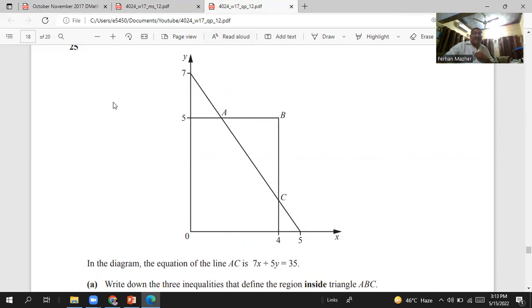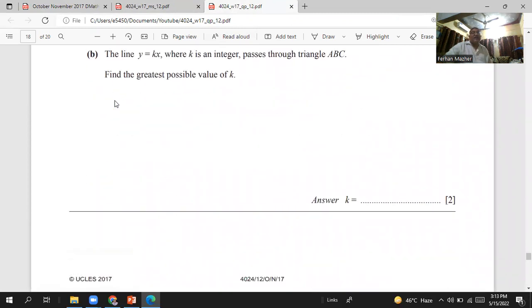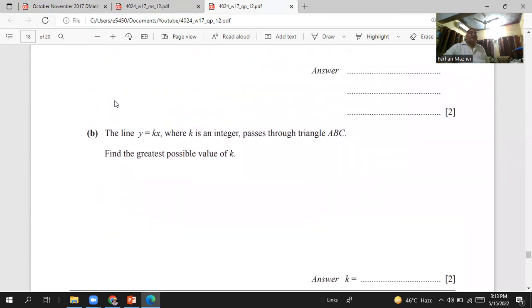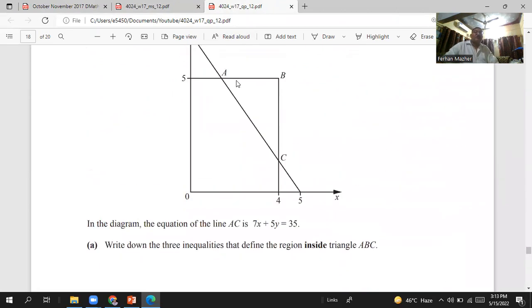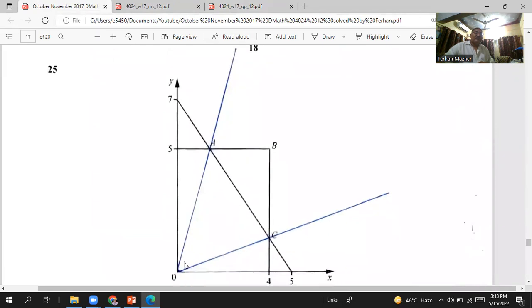Its y-intercept is 0, so it can be y equals kx. So we have to find the greatest possible value, and the k value should be an integer, and they should be passing through this. So let me show you my solution. I have already drawn there two lines, 0 and C, and 0 and A.